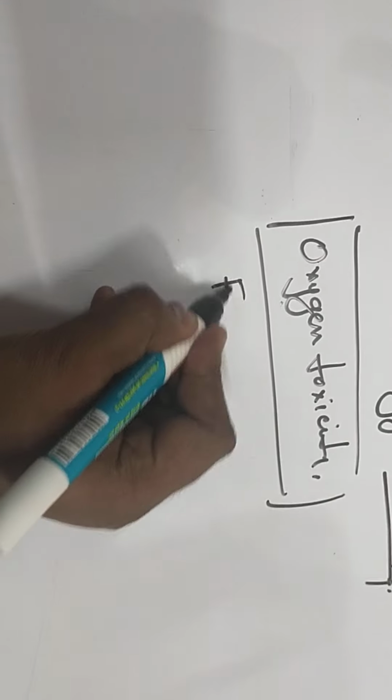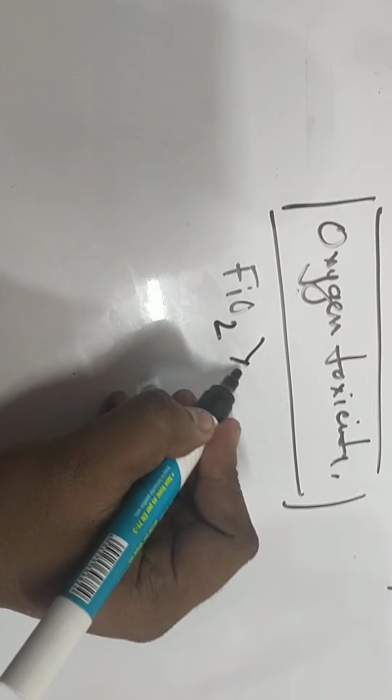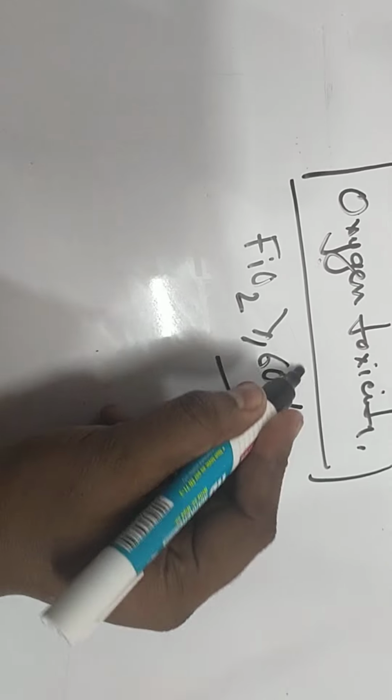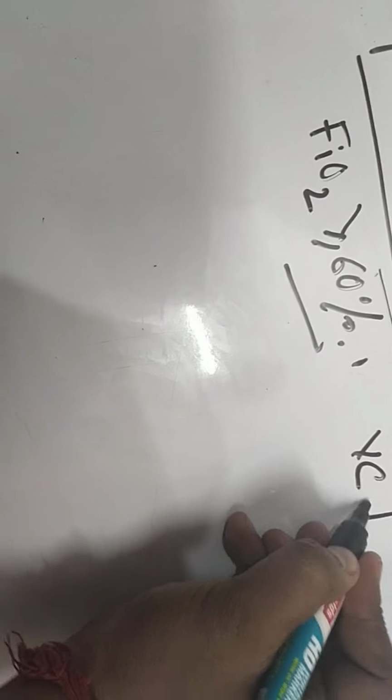Now lastly, I should say something very important about oxygen therapy. That is oxygen toxicity. We have seen if the patient has more than or equal to 60% FiO2, vital capacity comes down.